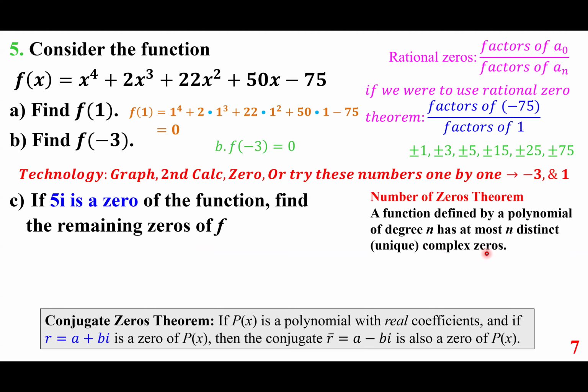And the conjugate zero theorem says if p of x is a polynomial with real coefficients and if r equals a plus bi is a zero of p of x, then its conjugate, r bar, a minus bi, is also a zero of p of x. That is called the conjugate zero theorem, everybody.